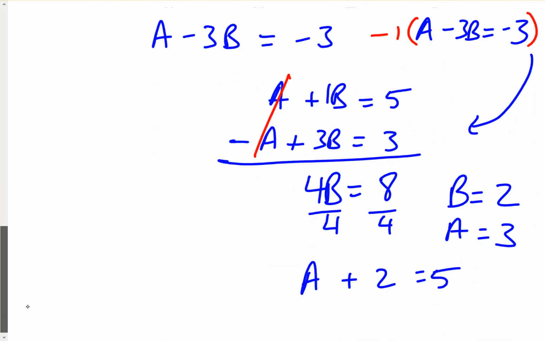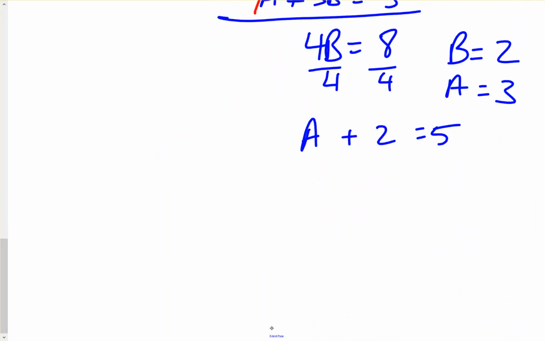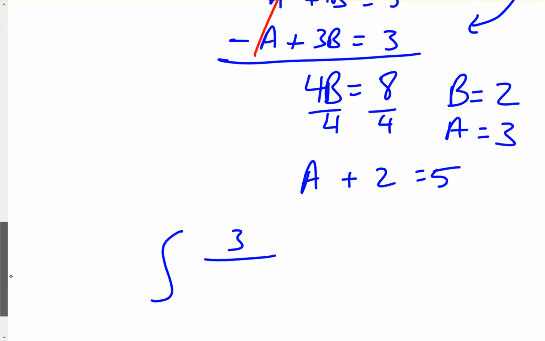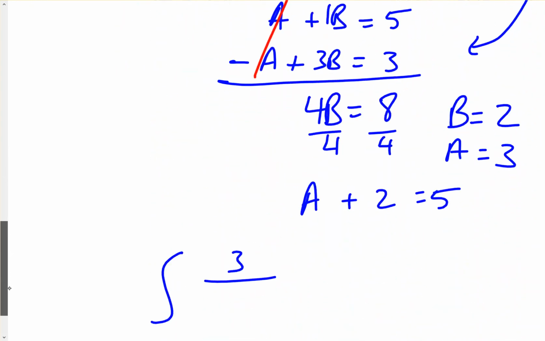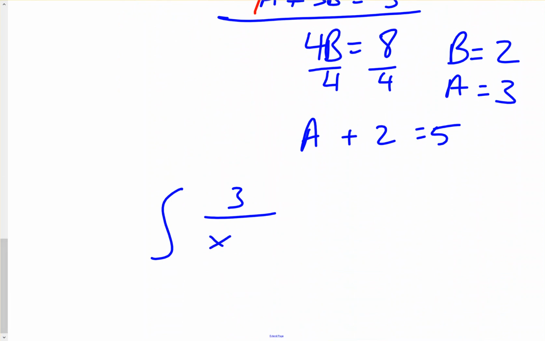A is 3, so we're going to integrate 3 over x minus 3 plus 2 over x plus 1.